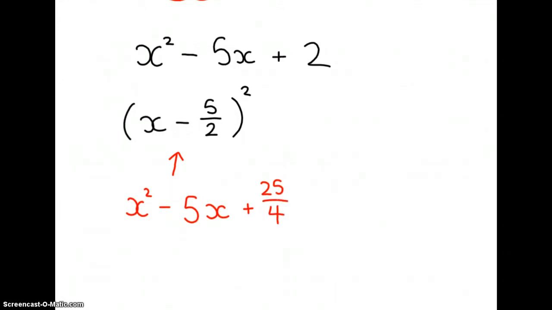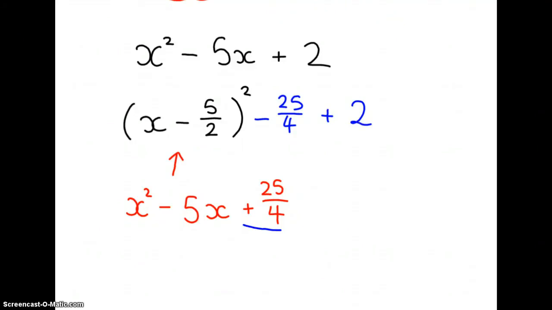Now, how do I get from there back to this plus 2? The easiest way to think of this is to say, I'm going to take away that 25 over 4, this bit, which will bring me back to a 0. So if I take away that 25 over 4, I've got a 0 coefficient at the end. And I want to get to plus 2, so I'm then going to add on the 2.